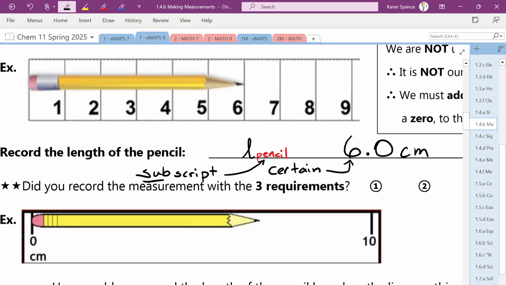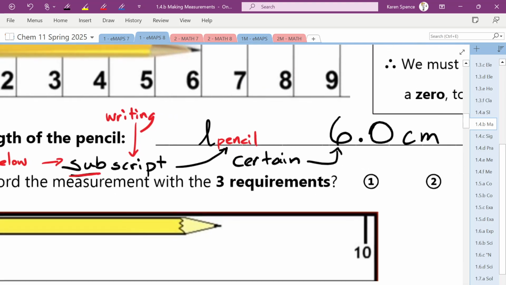Did we talk about subscripts yesterday? Yeah. Sub means below. Script means writing. So if you write the little word pencil, it means length of pencil, but you don't have to write as much, which is nice. Okay, shorter is good.